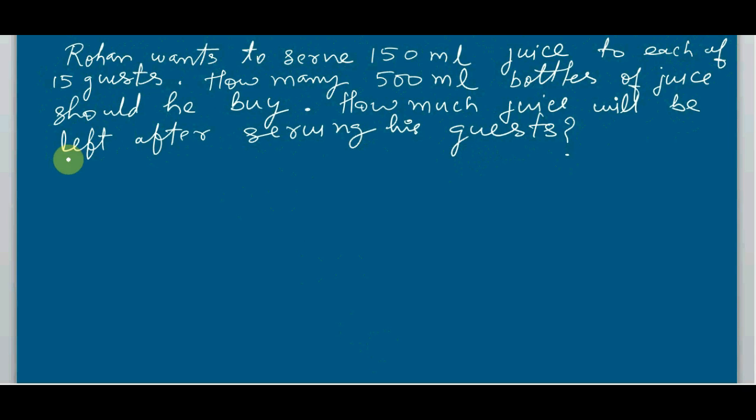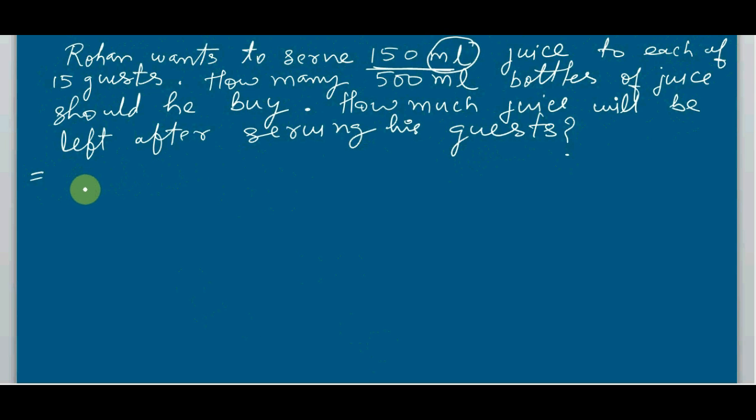Okay, so how will we start writing the statement for this sum? Just as I told you, notice the first number. It is 150 and the unit is milliliter. What I told you, you can use capacity or volume for milliliter or liter, right?